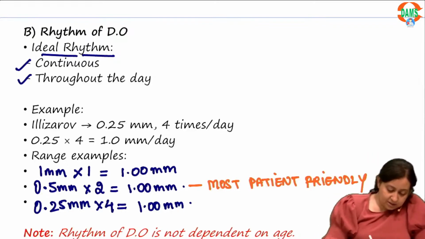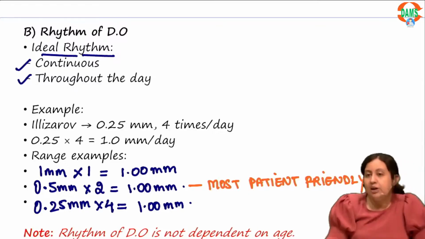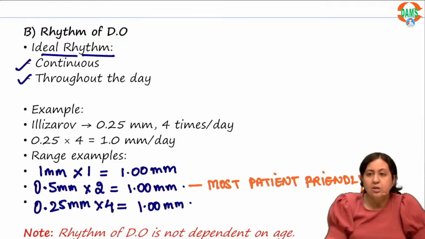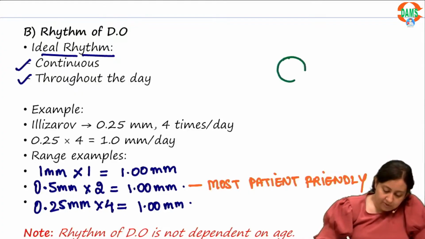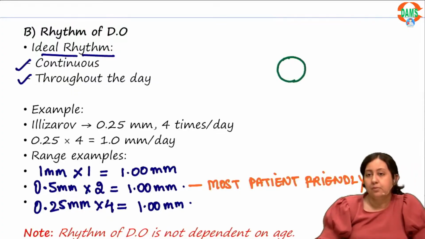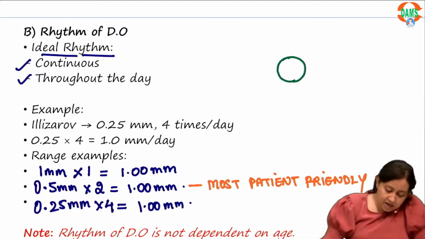Now, how exactly do we determine how much movement has taken place? So that slot where you insert your key, that is circular in shape, and it has markings.